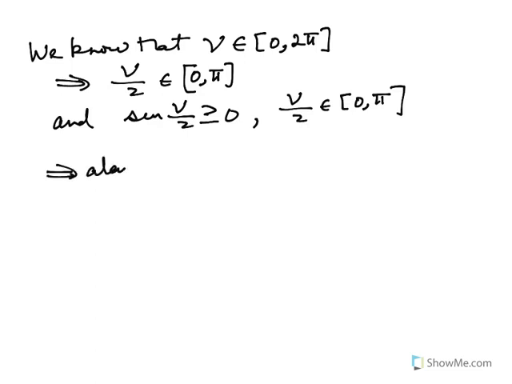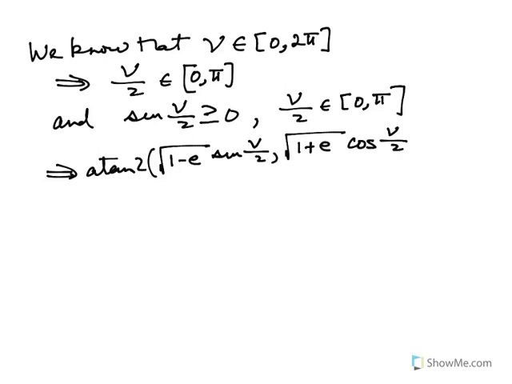Immediately we're going to wind up with a tan 2 of the square root of 1 minus e times the sine of nu over 2 and the square root of 1 plus e cosine of nu over 2.